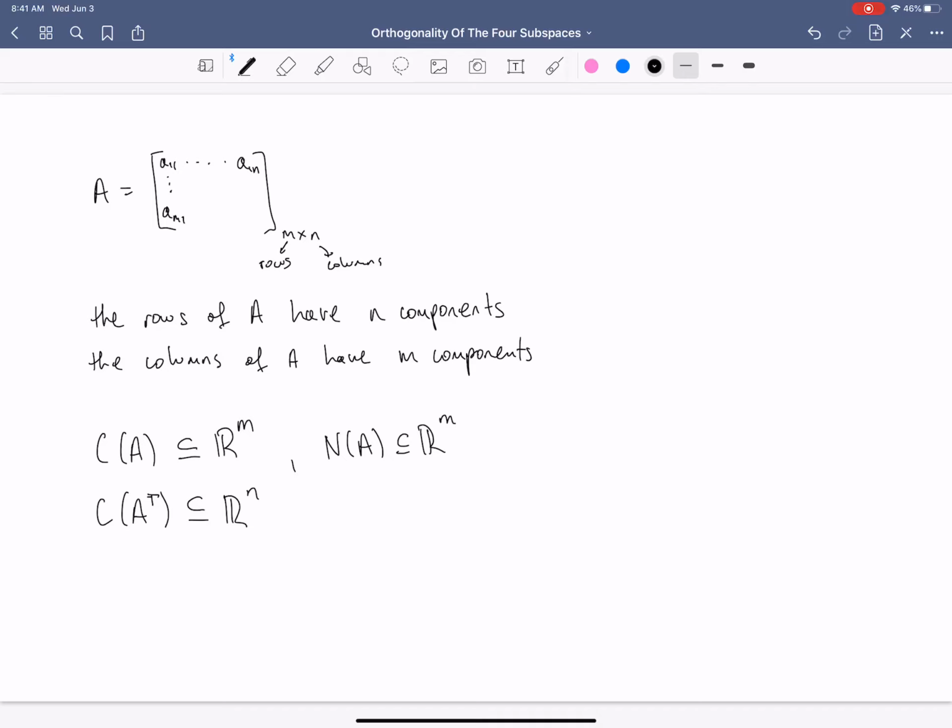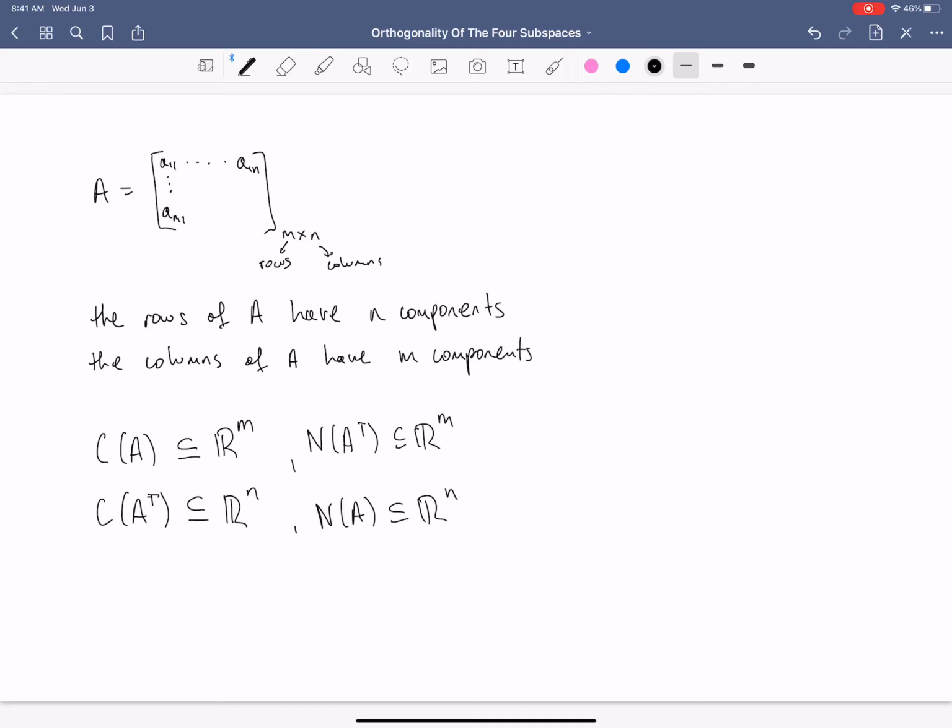Why is that the case? Sorry, in Rn. So I mix these things up. The null space needs to come here. The null space of A is in Rn, and the left null space is in Rm.